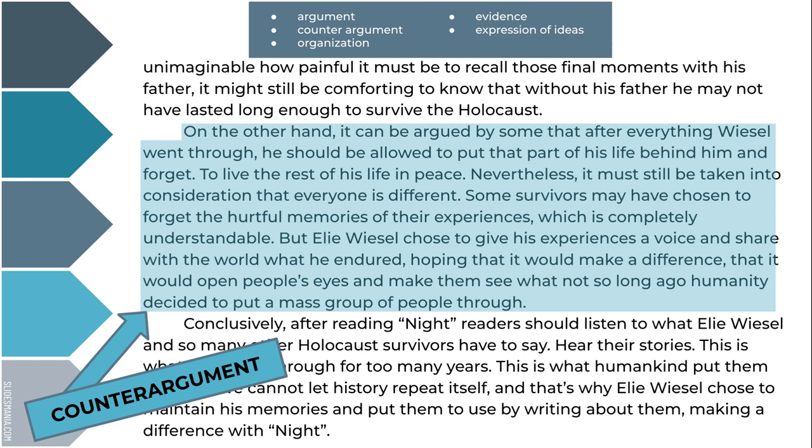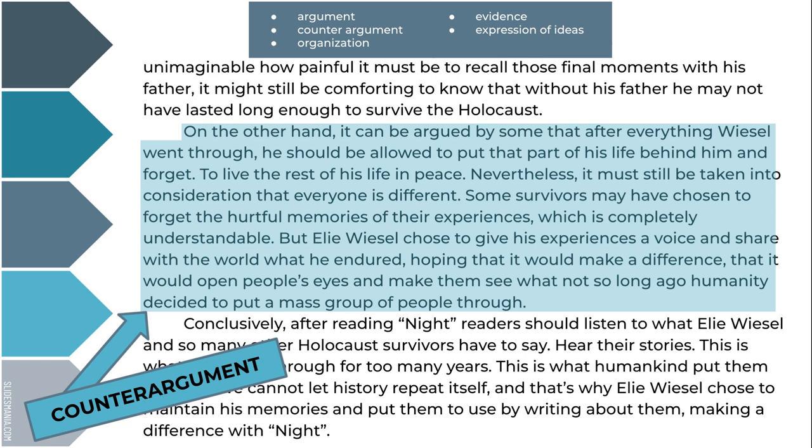And some people would want to do that, understandably. However, Elie Wiesel chose to give his experiences a voice so that the world would not repeat history. And so he gave that counter argument a rebuttal, if you will. I would say that he identified and rebutted that counter argument, which is part of the rubric for argumentative essays. And again, we can see that effective organization.